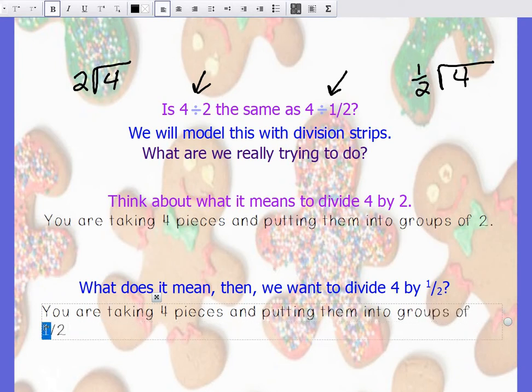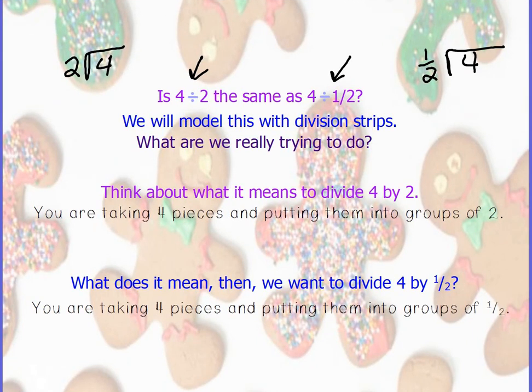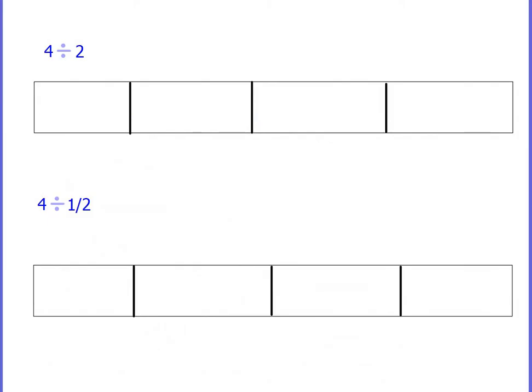Okay, so I'm not putting them into groups of 2 anymore. I'm putting them into groups of 1/2, which you have to think of. What is 1/2? What does that mean? What does that look like? Okay, I'm not splitting it in half. I'm literally taking it and putting it into groups of 1/2. So that's the size of my actual pieces. So let's use your division strips to take a look at what that means.